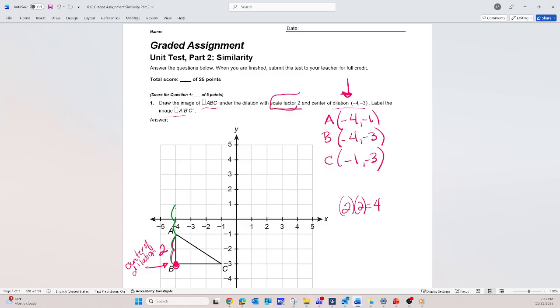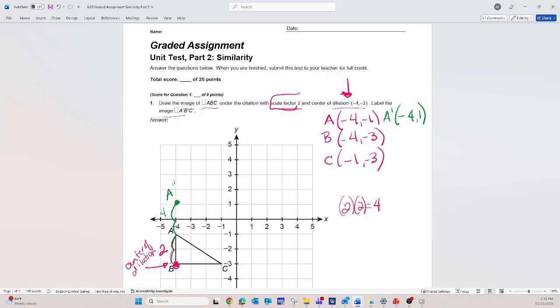So that means that my point A prime is going to be here. With the coordinates, A prime is going to be -4, 1. Okay, now I have a 4 because they multiply. You're going to multiply each one of your distances that you count times 2.